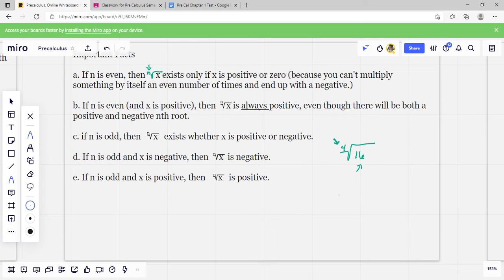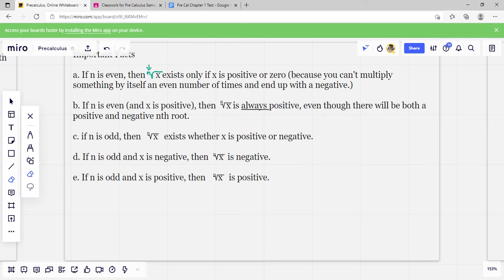So that means that 2 times 2 times 2 times 2, it's going to have to be 2, because that's positive, so our root is going to have to be positive.